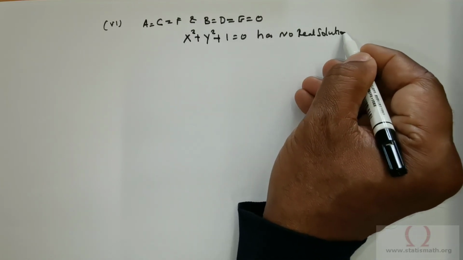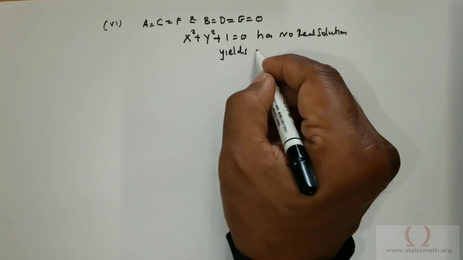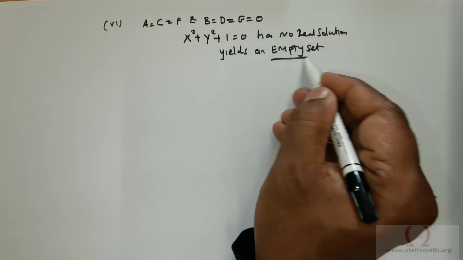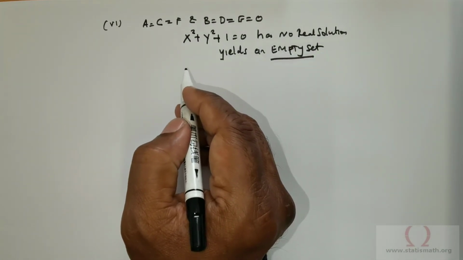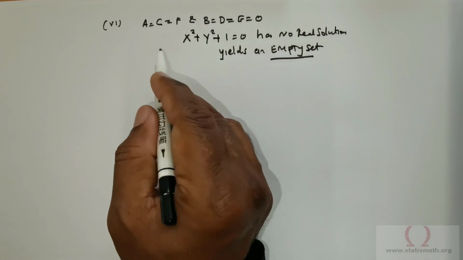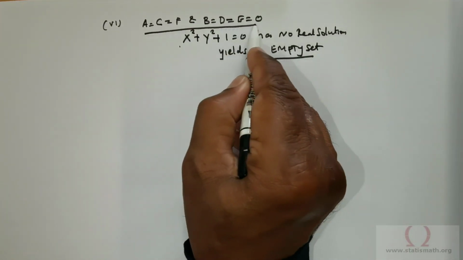Have it in mind, it gives us an empty set. So imagine they're asking you a question: find the conic, or write the necessary condition for a conic to produce an empty set. So this is the necessary condition.